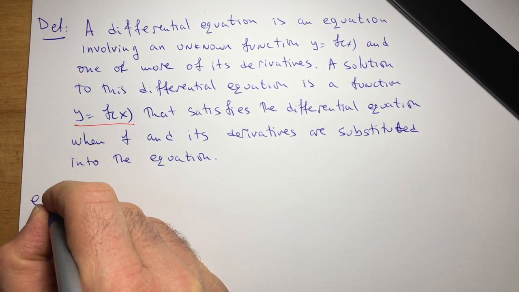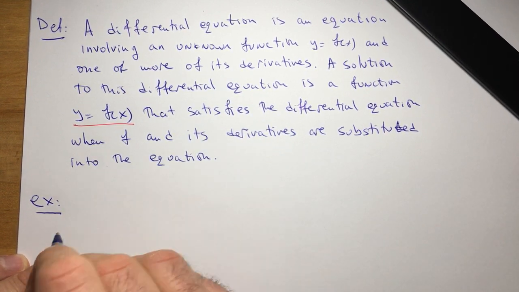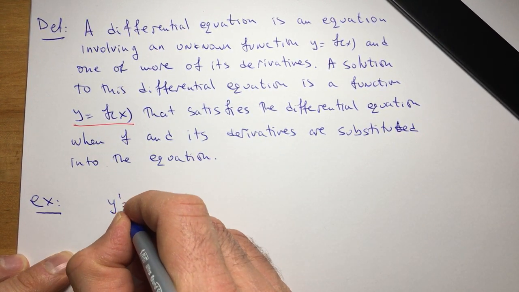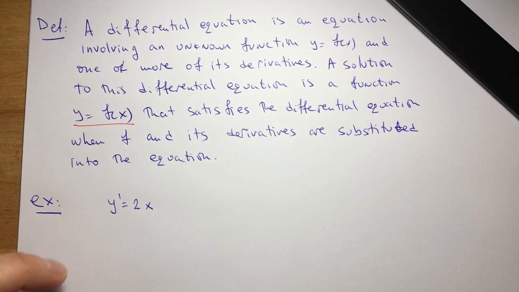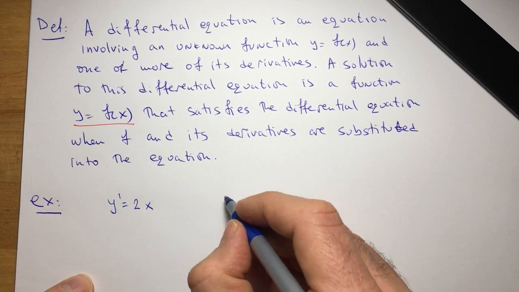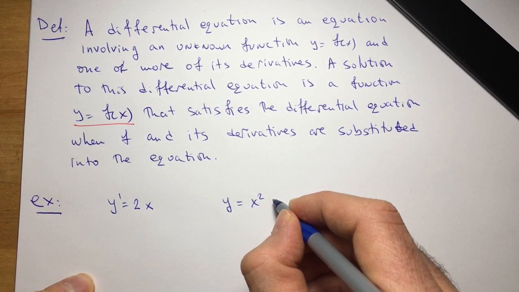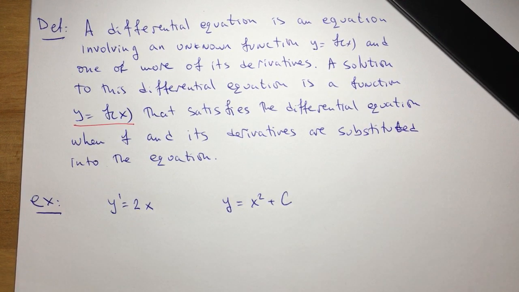So what would be examples of differential equations? Well, the easiest differential equation is y prime is equal to 2x, right? A very, very simple differential equation that asks you to find y such that y prime is 2x. Y is equal to x squared plus any constant, right?